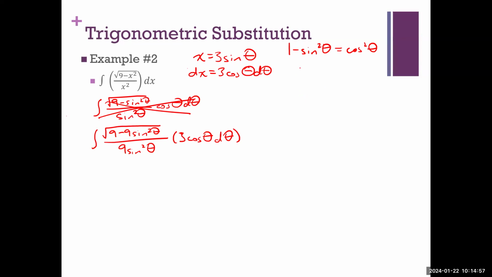Right, I will tell you this, doing this as a cosine will also work, for the same reason that this works. Basically, what's 1 minus cosine squared theta? Sine squared theta. So because of that, we have this form: under the radical, a constant minus a variable squared. Sine or cosine, either one will work there.